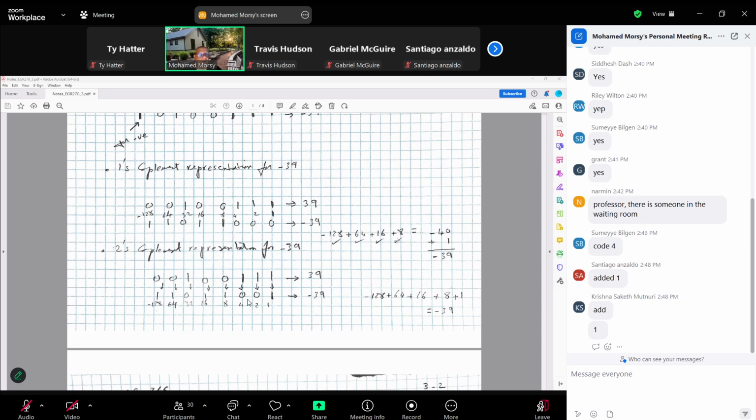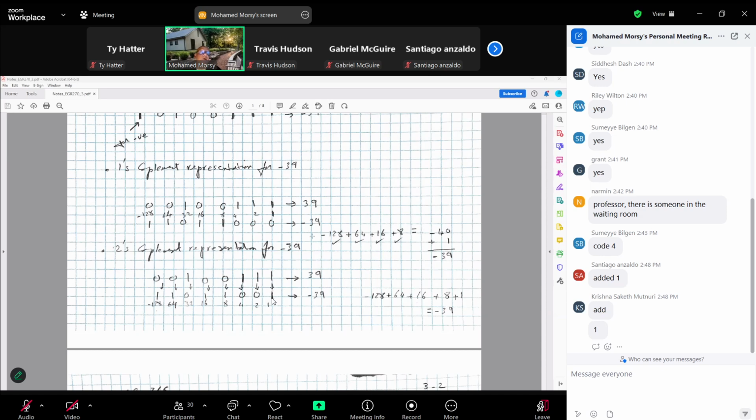So I didn't put it here because when we multiply, it is 0. Plus 1 times 16 plus 1 times 8 plus 0 times 4, so we didn't add 4. Plus 0 times 2, so we didn't add 2. Plus 0 times 1, it's 0. So we didn't add 1 here because it is multiplied by 0.